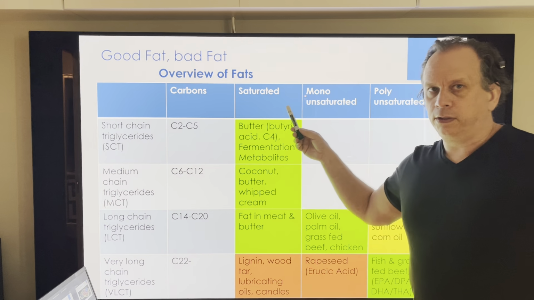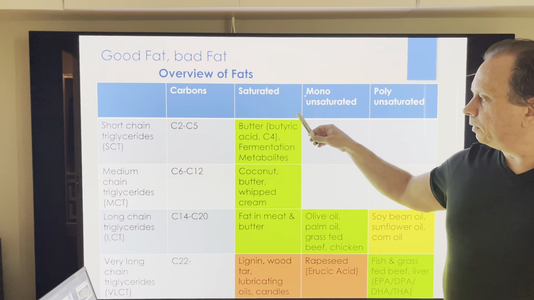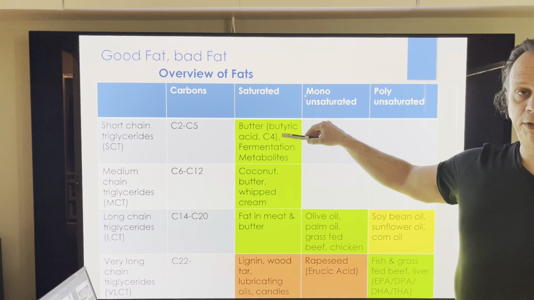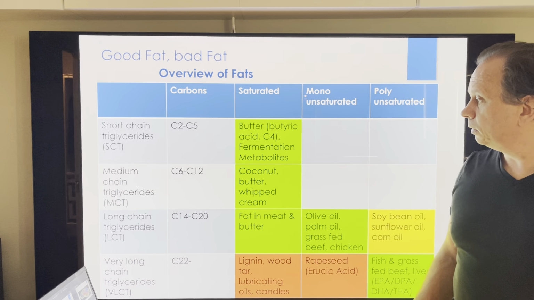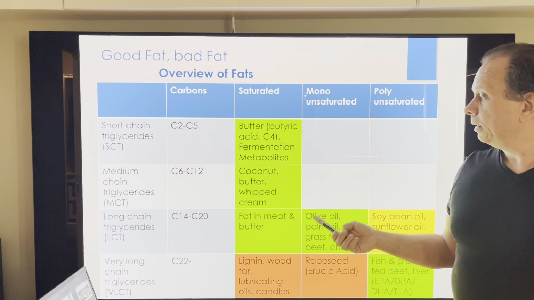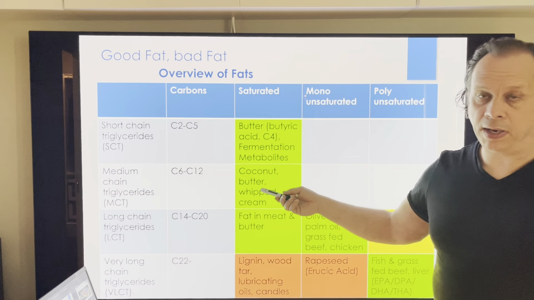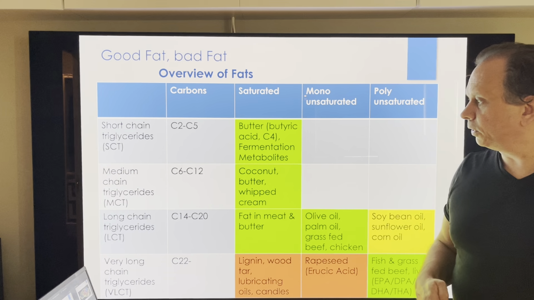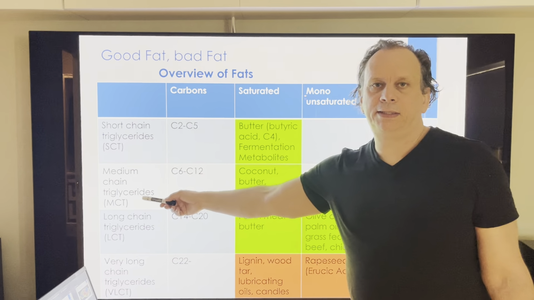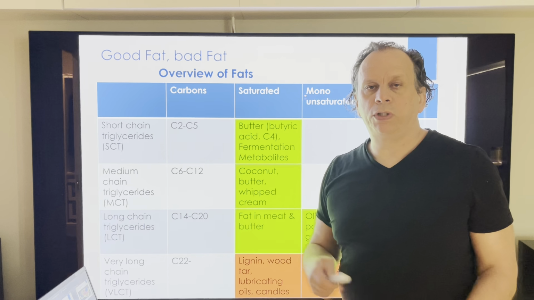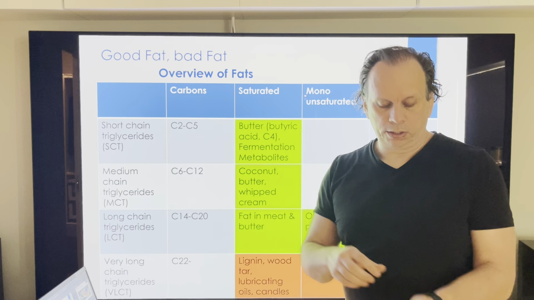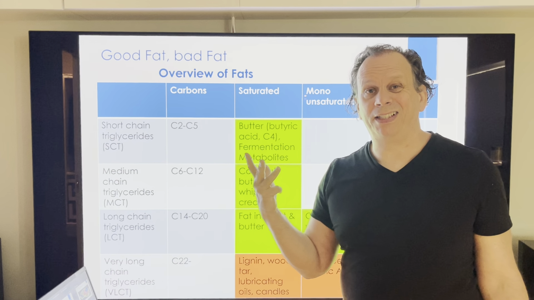If in the saturated group, we also have here the short chain I mentioned, the medium chain, we have things like coconut butter, coconut oil. We have in butter, we also have some medium chain triglycerides. And triglycerides is just a fancy name for fats. Because you have 3 fatty acids on the glycerol.